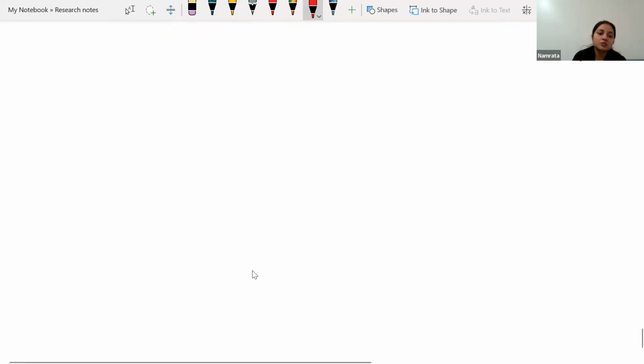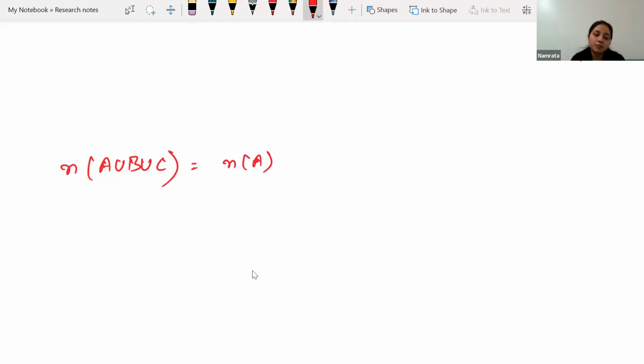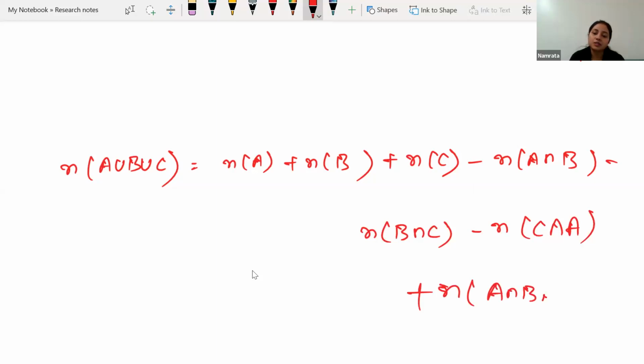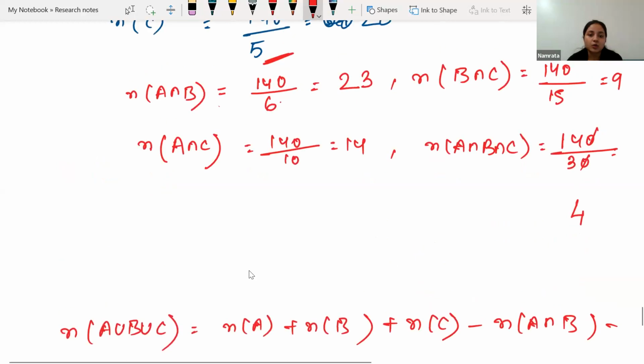Then let's use the formula. A union B union C is equal to number of elements of set A plus number of elements of set B plus number of elements of set C minus n A intersection B minus n B intersection C minus n C intersection A plus number of elements A intersection B intersection C. Let's write all the numbers.